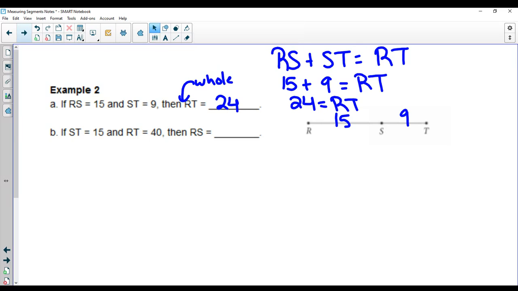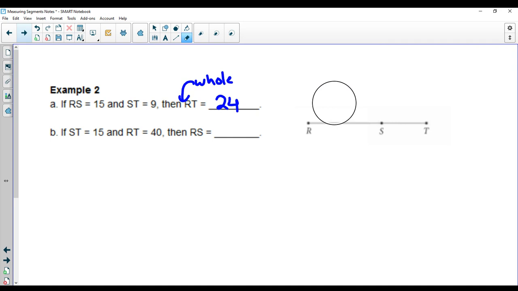Okay, let's try this next problem. Let me erase what we've got here first. Okay, now ST is 15 and RT is 40. We want RS. Make sure we read this carefully when we label.